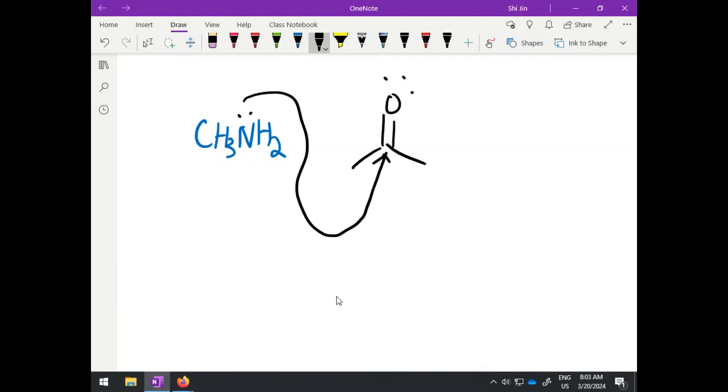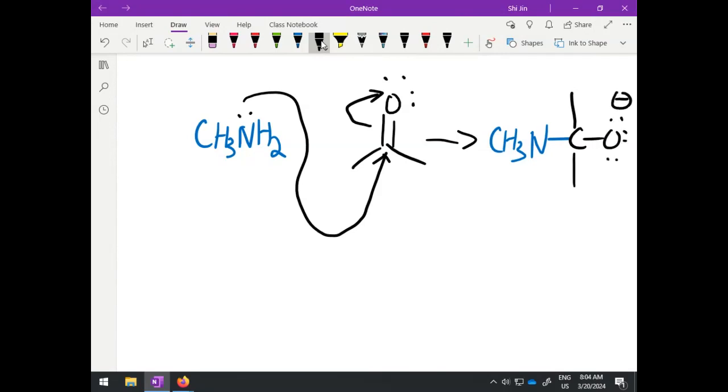So the nitrogen will nucleophilically attack the carbonyl carbon, and then the C=O pi bond will break. In the nucleophilic addition stage, this elementary step is considered to be rate limiting.